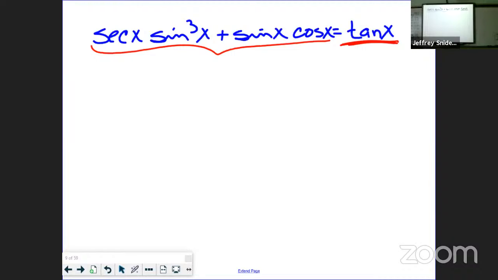We have secant squared and sine squared, which would be sine squared over 2 equal. I don't know if you're right. Hold on. Just kidding, it's not. Okay.